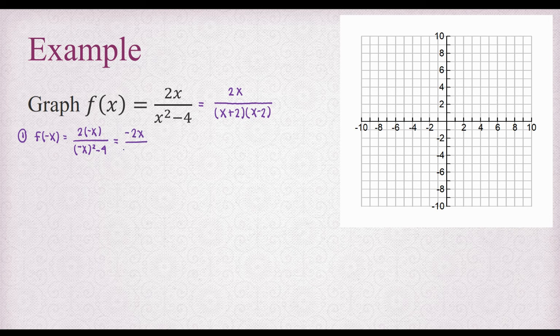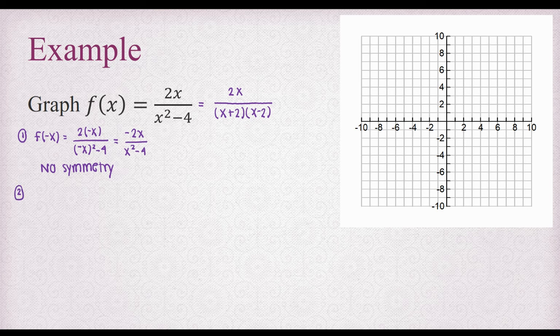The denominator is going to actually stay the same. So since not every term changed sign, there is no symmetry here, which is going to affect us at the very end when we have to plot points. We're going to maybe have to do a couple more points than we would if we had symmetry.